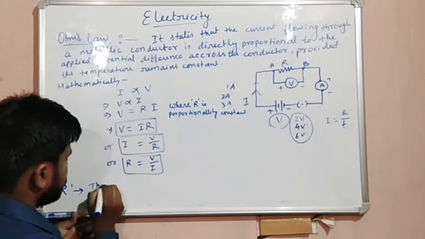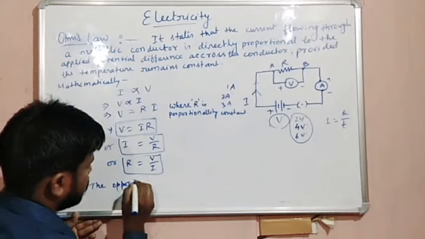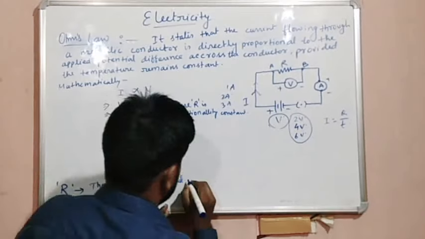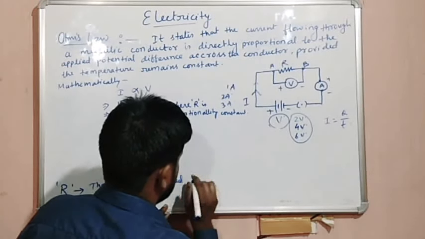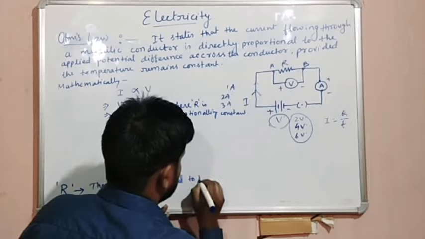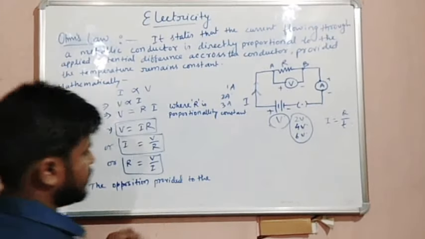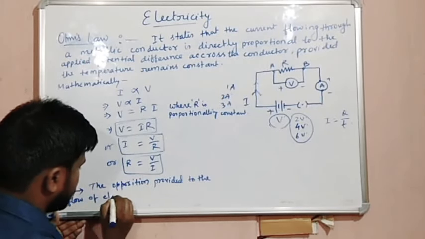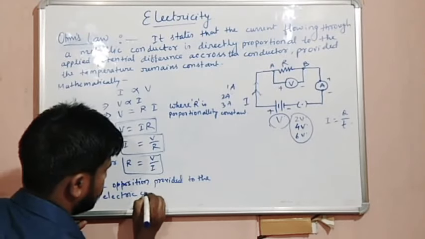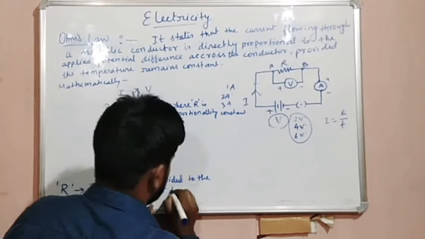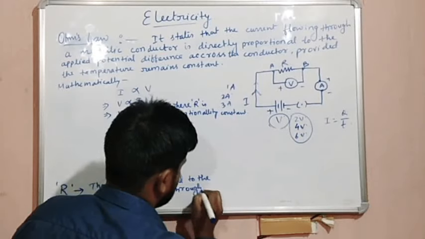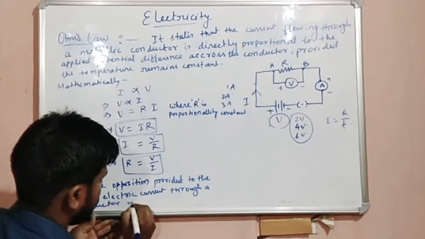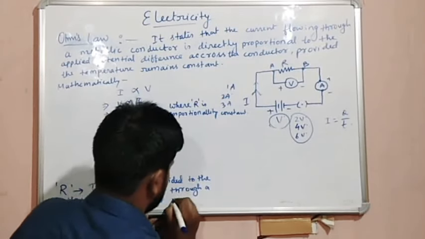So the opposition provided to the flow of electric current through a conductor is called resistance.